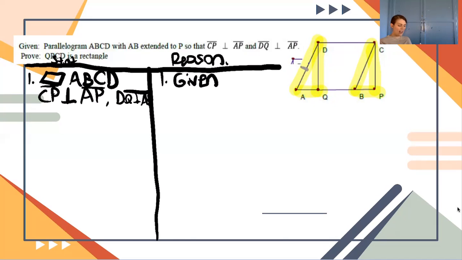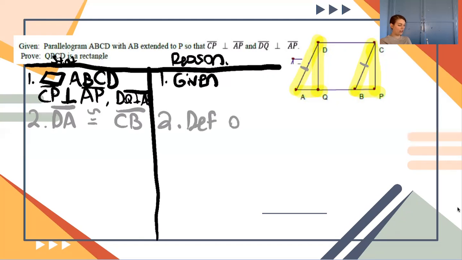So what I identified first was that DA is congruent to CB. And I was able to do that because I know that that shape is a parallelogram, and parallelograms have congruent sides.